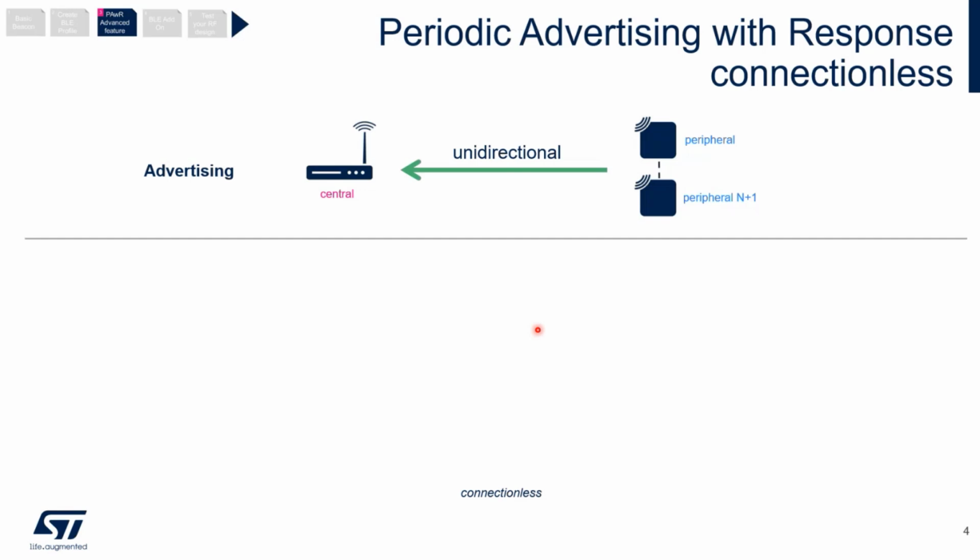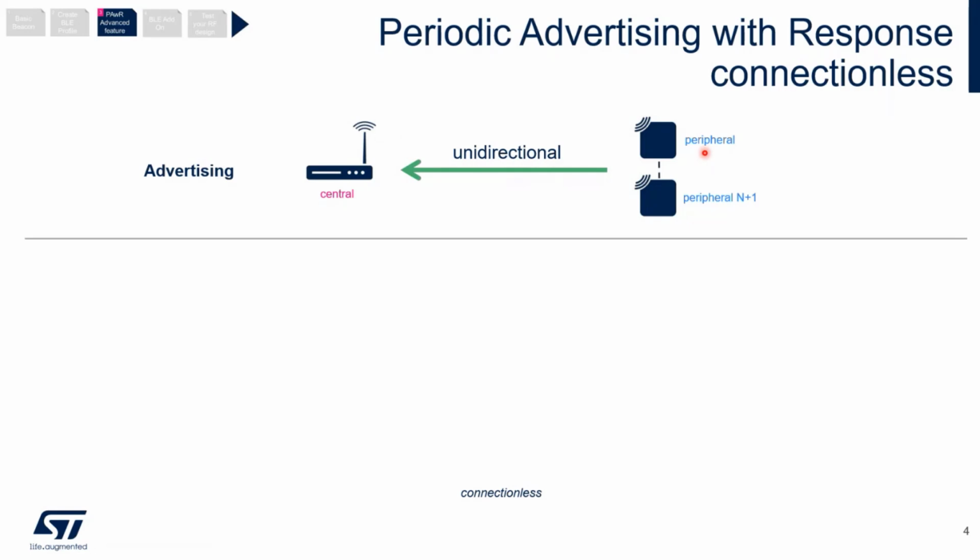You are familiar now with Bluetooth Low Energy, and you understand that a long time ago, with release 4.0, the first release of Bluetooth Low Energy, the advertising mode was introduced. This is typical of the first release of Bluetooth Low Energy, where a peripheral has the capability to broadcast.